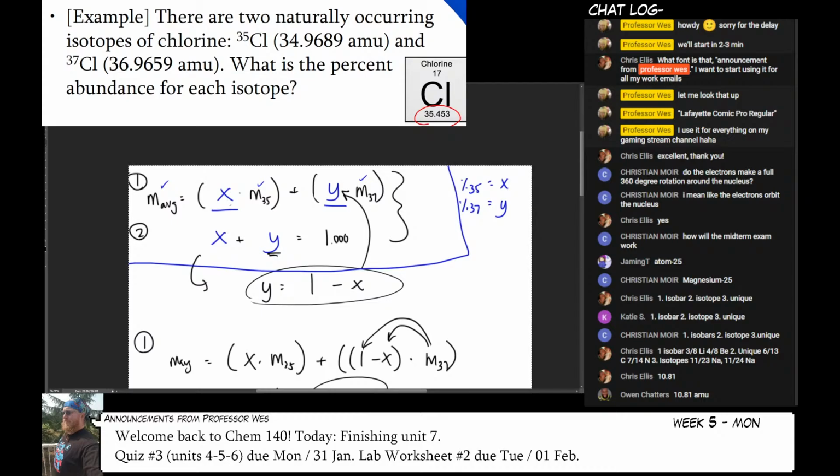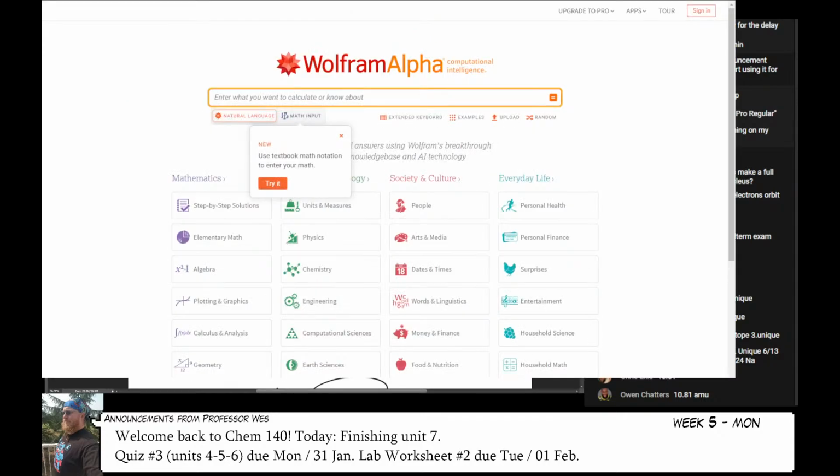But we're going to type in the numbers for the equation. So the first equation that we're going to type in is going to have this with a number in it, this with a number in it, and this with a number in it. We're going to leave x and y as they are, where x is the percentage of 35 and y is the percent of 37. So your equation is going to look something like this.